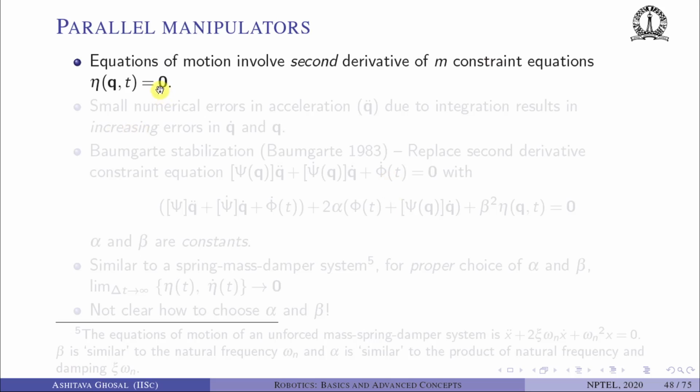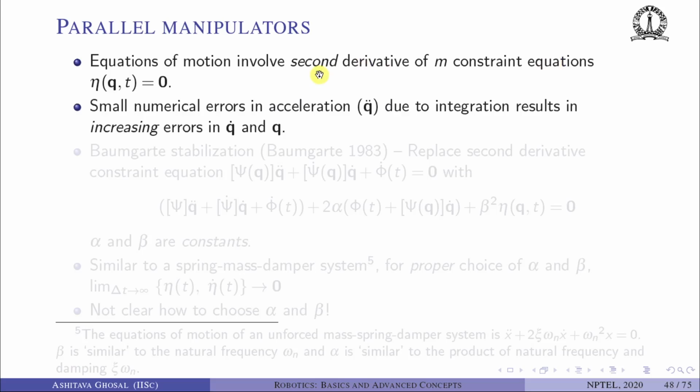Okay, so parallel manipulator, let's continue. The equations of motion involve the second derivative of the m constraint equations. So if you have small numerical errors in acceleration due to integration, it results in increasing errors in q dot and q, because the q double dot is very slightly wrong due to the integration.